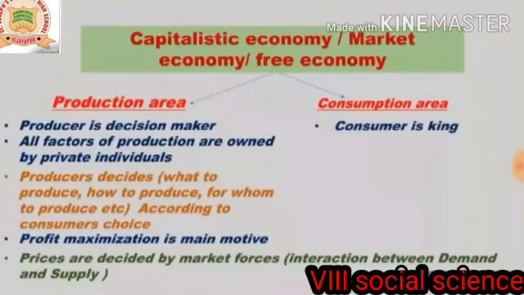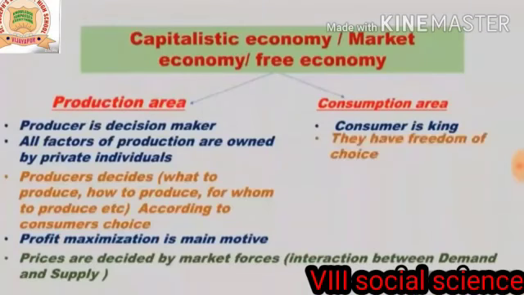They are free to spend their income on the goods and services which they like. So the features are private property, freedom of enterprise, consumer sovereignty, profit motive, competition in the market, and absence of government interference.